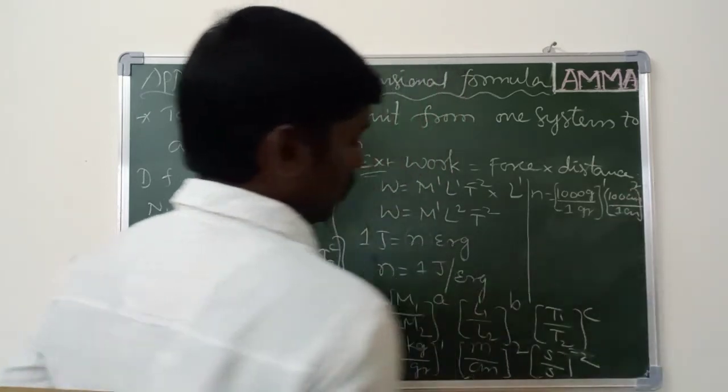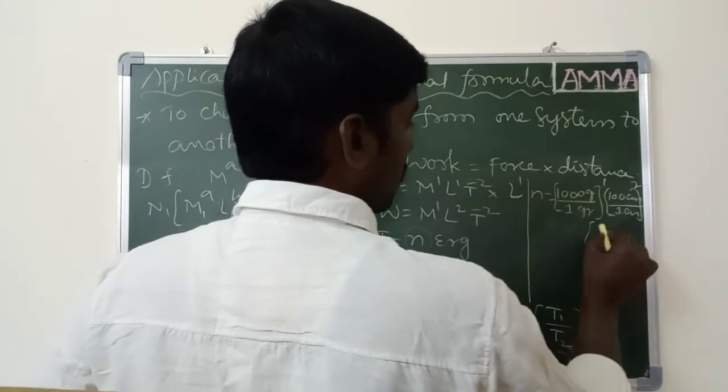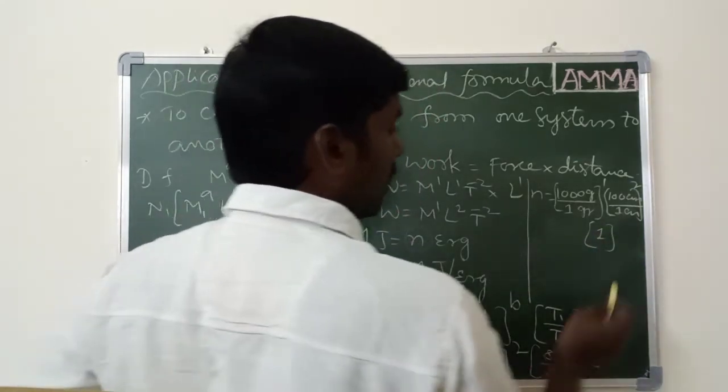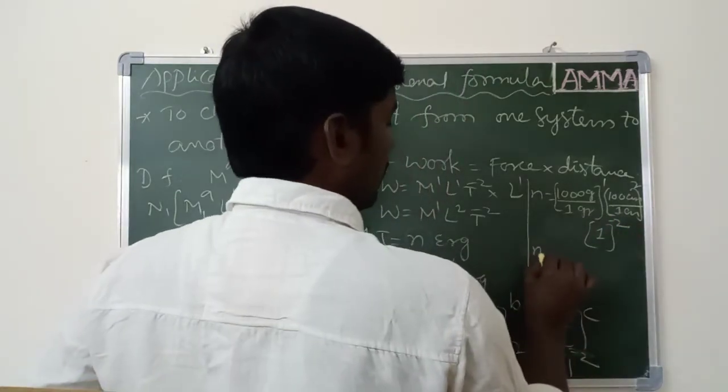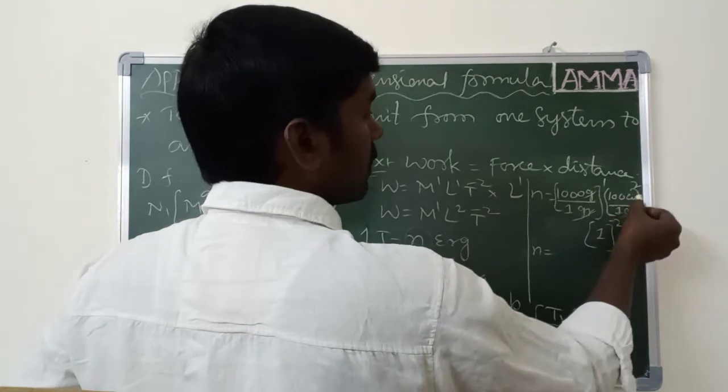to the power 2, the dimension being plus 2, into 1 second per second, which gets cancelled. 1 to any power is a constant value, 1 to the power minus 2. Then in n, the gram gets cancelled and the centimeters get cancelled.